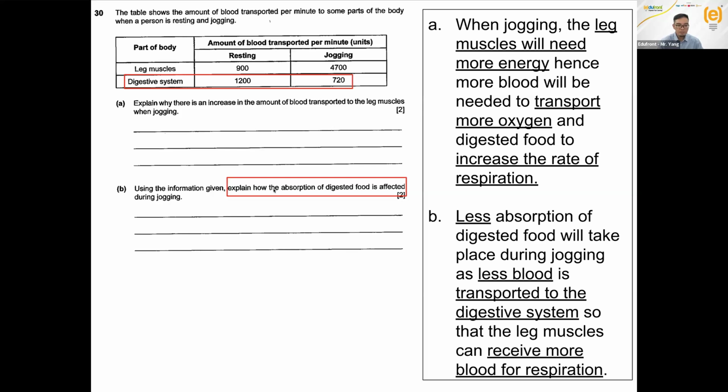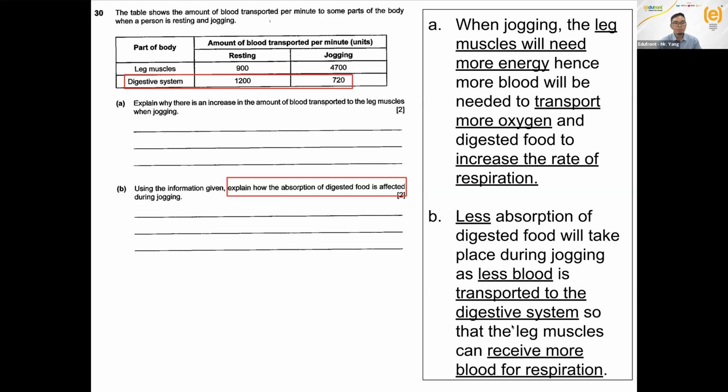So here they ask you to explain how the absorption of the digested food is affected. Number one, you must mention, is it more, less, or remain the same? So lesser absorption of the digested food takes place during jogging, and then you need to explain why. Okay, so what's the reason? As you can see all these keywords here: less blood will be transported to the digestive system. Why?